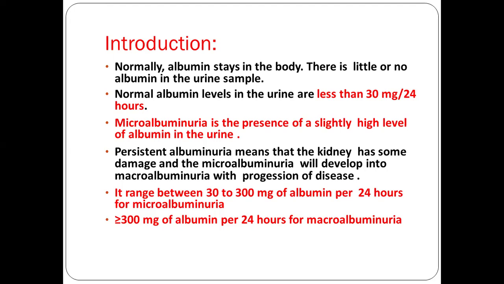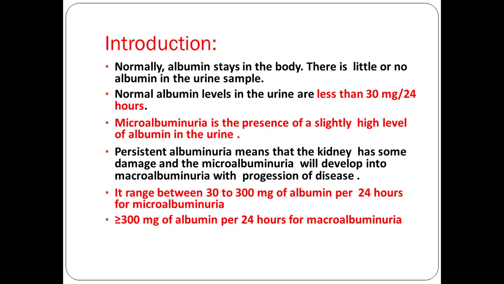Macro means a minor concentration is going to convert into a major concentration of albumin, which is going to be present in the urine. So it ranges between 30 to 300 mg of albumin per 24 hours for microalbuminuria.